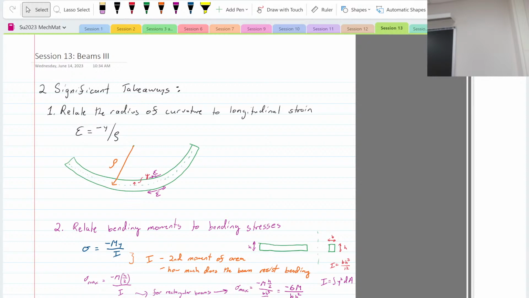Why don't we first do balance of the forces? There's one force here, there's one force here. We can call these R1 and R2.